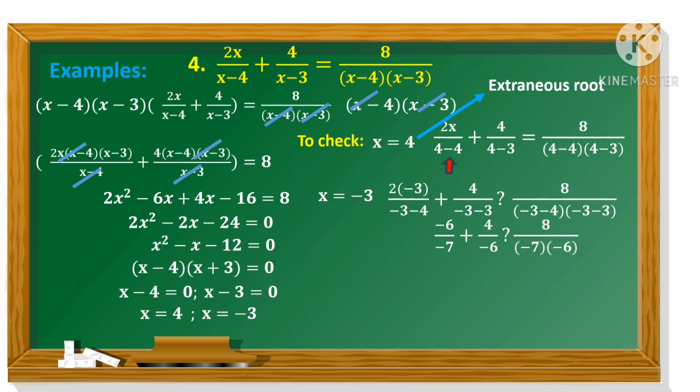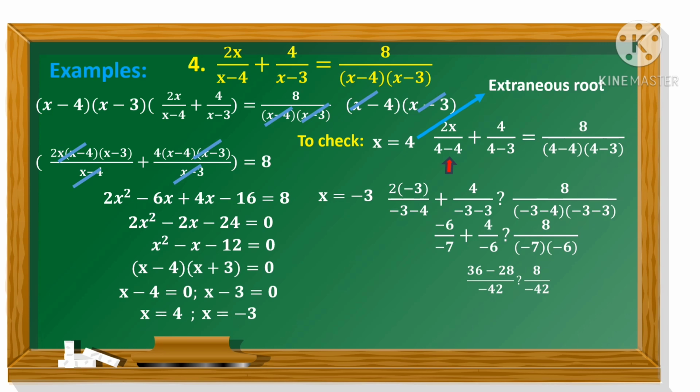So 2 times negative 3 is negative 6. Then negative 3 minus 4 is negative 7. Then you have 4. Negative 3 minus 3 is negative 6. Is it equal to 8 over negative 7 times negative 6? Then do the simplifying.